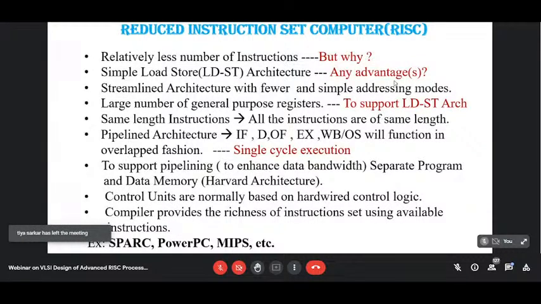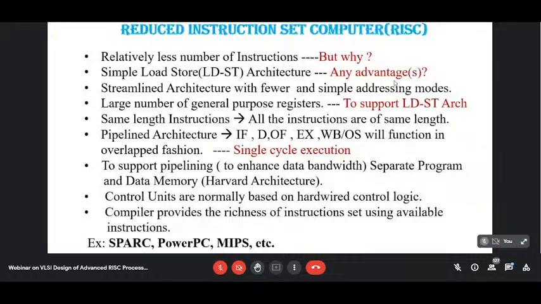The most common instructions are like A equal to, let's say, B plus C, or P equal to A into B plus C into D. Assignment statements like these are very common.